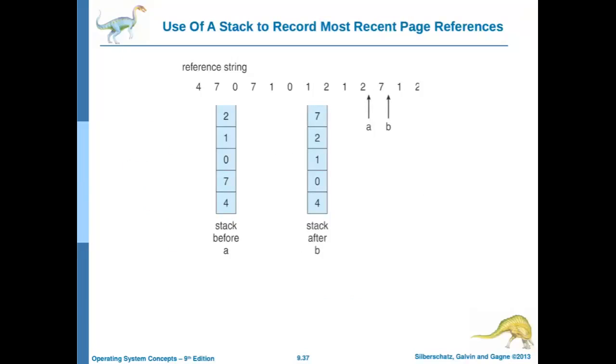So 7 will simply be moved from this location to the top of the stack. Same thing here. So it starts like 7, then 2, then 1, then 0, and then 4. That is how to make use of the stack. I think we are running out of time, so let us stop here.